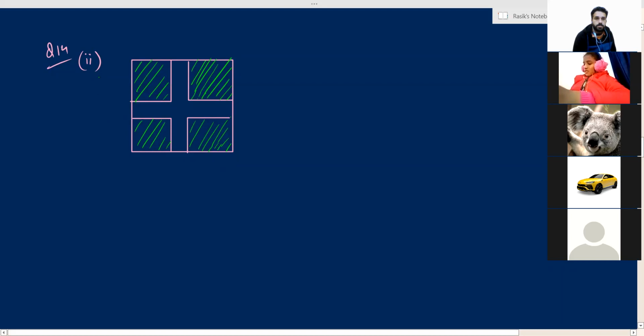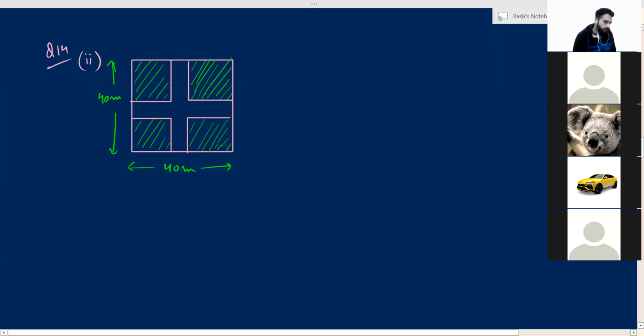The side of the square is 40 meters. The thickness of the roads given is 2 meter and 3 meter.